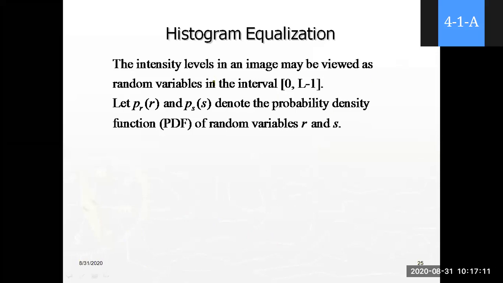The image does not have equal intensity levels. Some corners have high intensity, some have low intensity, and the middle has medium contrast, with dark pixels or white pixels. So the intensity levels definitely vary. That means they are random variables, and those random variables must be equalized for enhancement purposes. Okay, so let us continue.